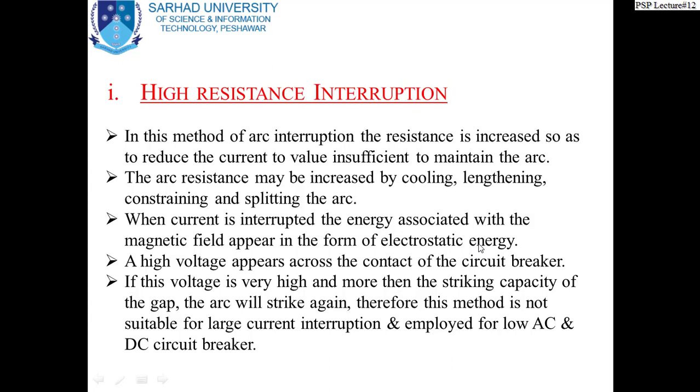But when the current drops to zero and the voltage rises, then we have no electromagnetic energy. The electromagnetic energy depends upon the flow of current. So all this energy is converted into electrostatic energy.